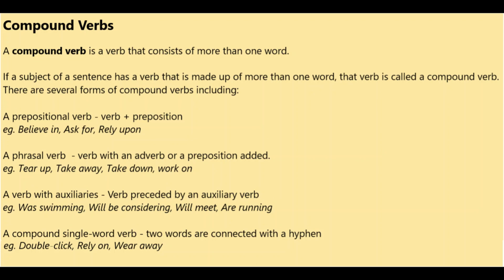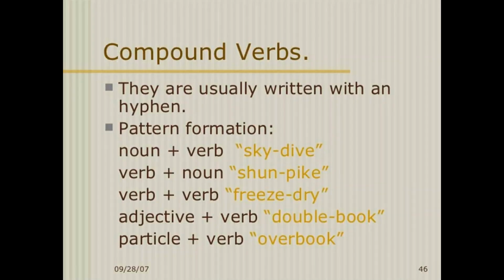Now we are going to see some more examples of compound verbs. They are usually written with a hyphen pattern. Noun plus verb, like skydive, freeze drive; verb plus verb, like double book, overbook.